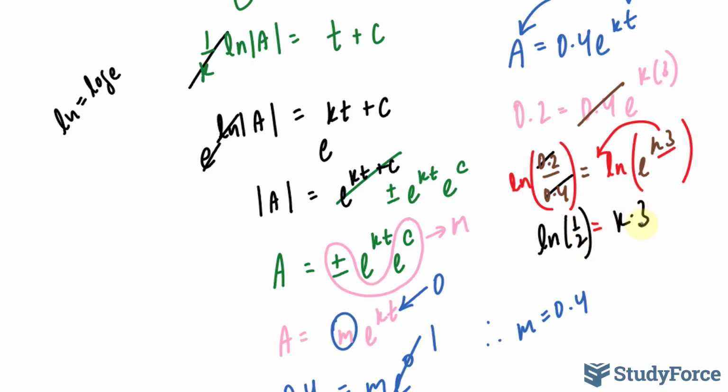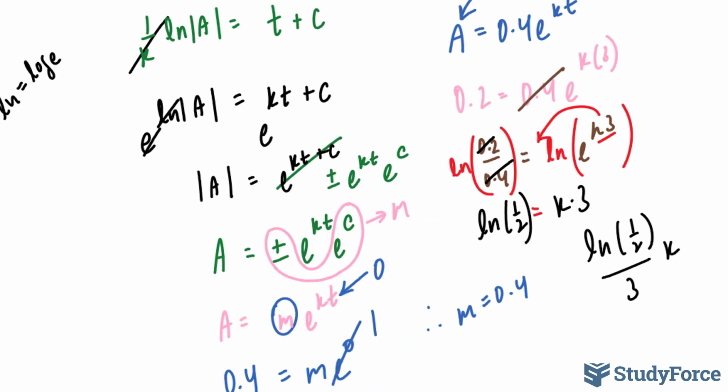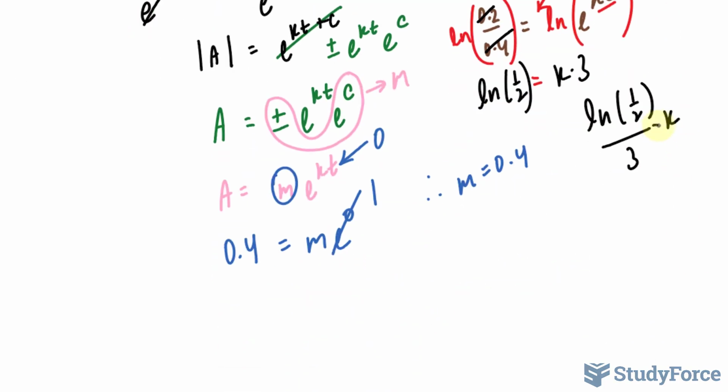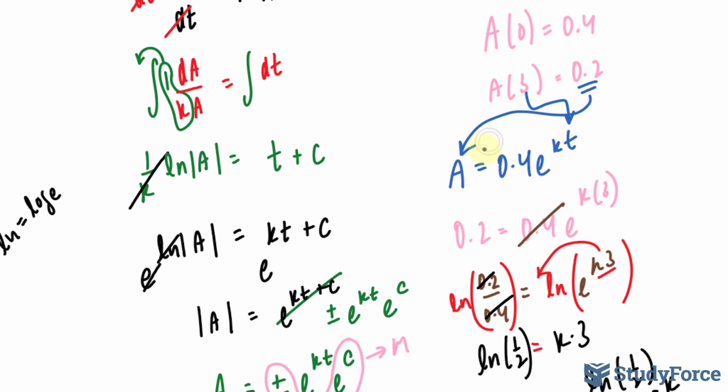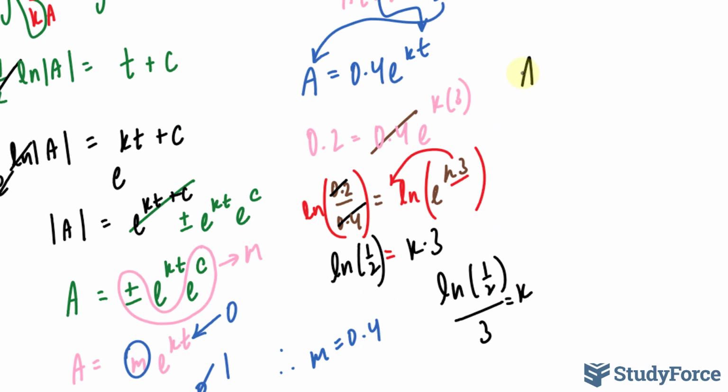Dividing both sides by 3 gives me ln half over 3 is equal to k. I'll replace this expression for k into my equation that I wrote earlier. We have A is equal to 0.4 e to the power of what I have for k, which is ln 1 over 2 times t over 3.